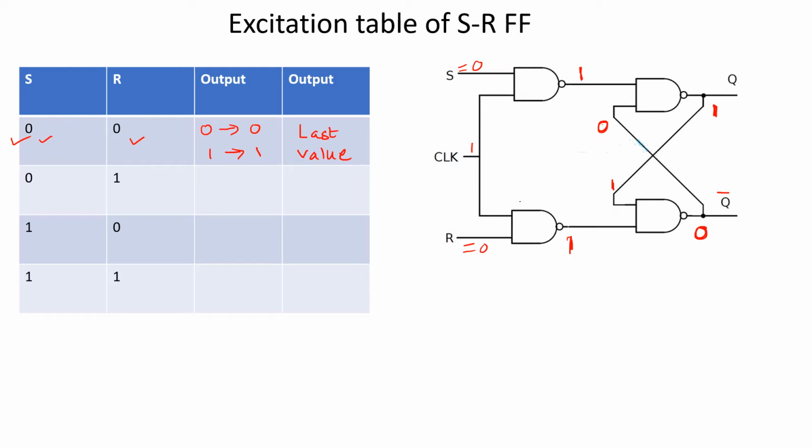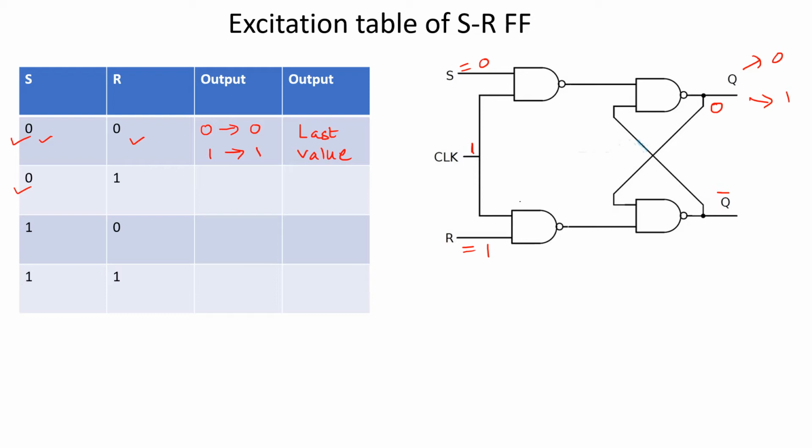I remove this quickly. Now we will go for the second condition, that is S is 0 and R is 1. As usual, when the circuit is powered on, output can assume either 0 or 1. So we will assume in the beginning 0 output. Second condition, S equal to 0 and R equal to 1, clock is 1.